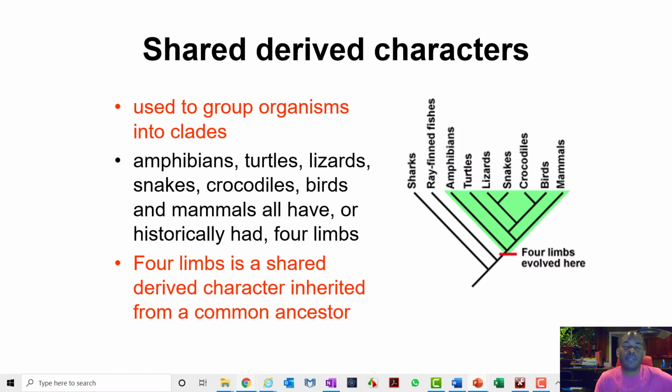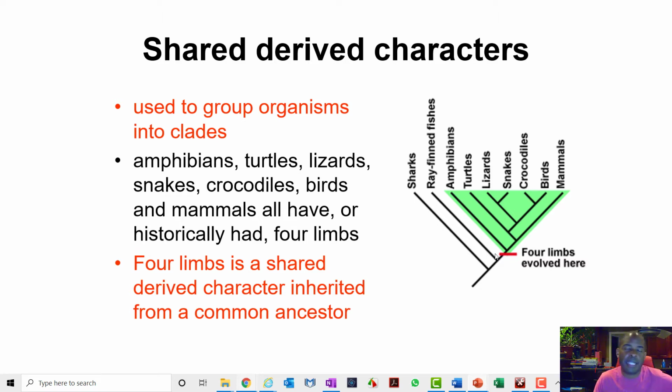Those characters that we use to create phylogenetic trees have a specific name. They're called shared derived characters. So if I look at this particular tree here, I'll see that all these organisms have something in common, and that is that they have a backbone. It's not listed on here. And then as I go further up this tree, sharks branch off because there's something that ray-finned bony fish have that sharks don't.